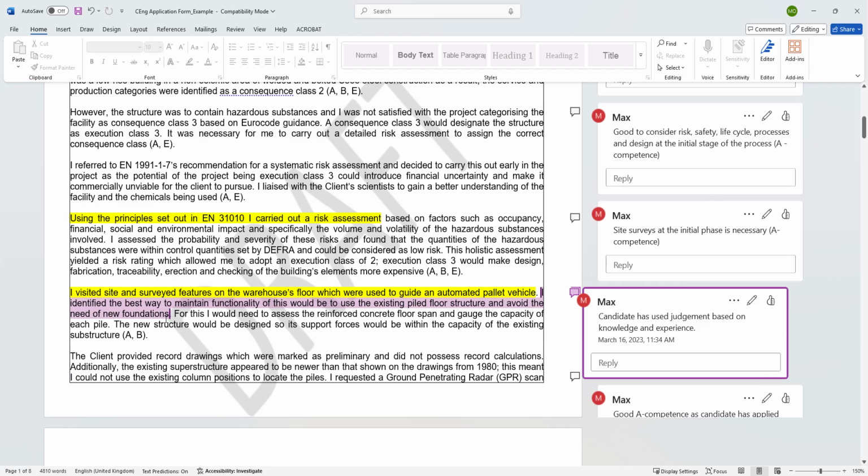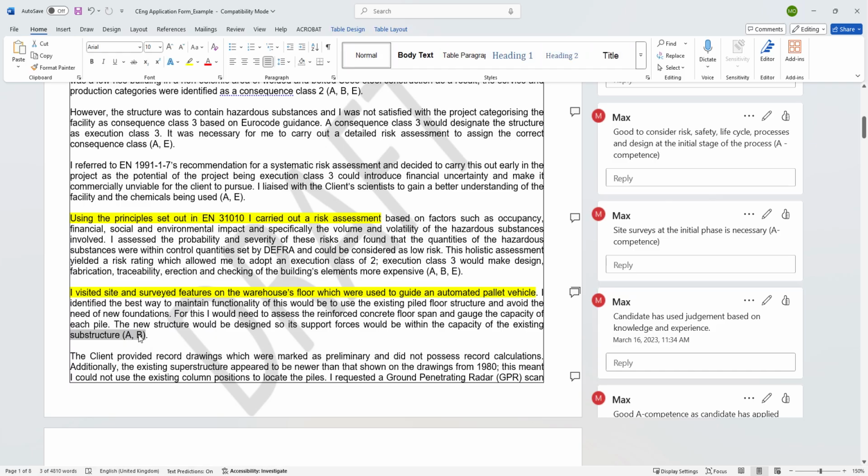So this is a judgment the candidate is making based on experience or knowledge. So this is what we said. As you write your paragraphs, make sure you mention the UK-SPEC competence that was considered. In this case, it was competence A and B.